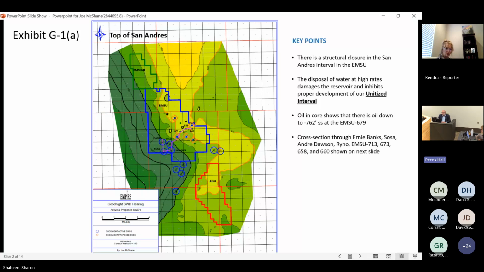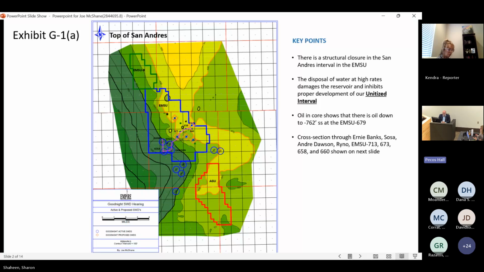And do the proposed wells, the Goodnight's proposed wells, lie in the crestal area? Yes, they do. And I'd also like to point out that in this structure map, in the 679 we showed oil down to minus 762 subsea, and that'll be important when we're talking about injecting down depth. Why is it significant that the Goodnight's proposed wells lie in the crestal area?